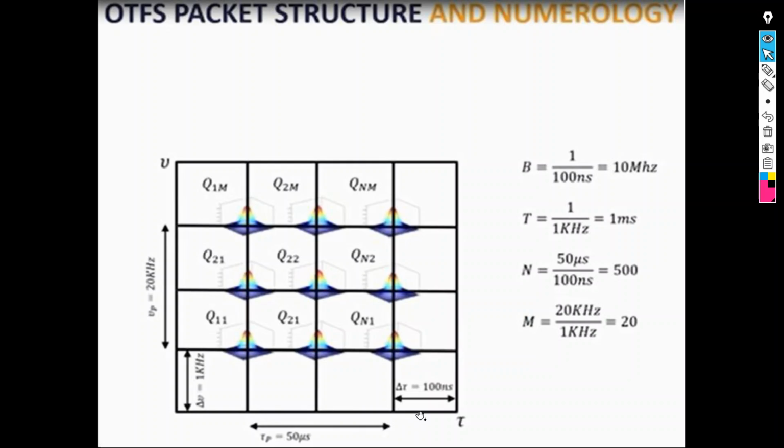And this VB here is the Doppler duration, and TB is the delay duration, and delta tau here is the delay spacing, and delta nu the Doppler spacing. We call this the Doppler period, the delay period, and this is the duration of the transmission.